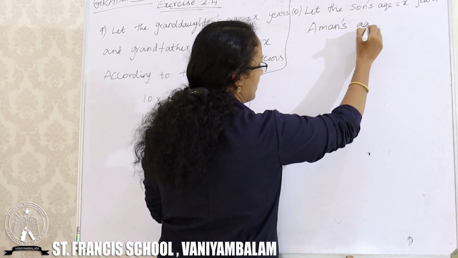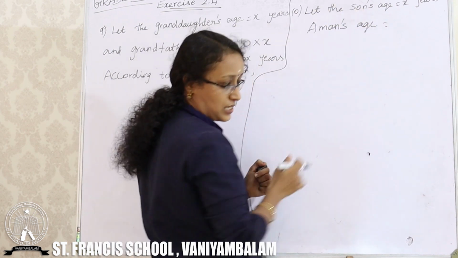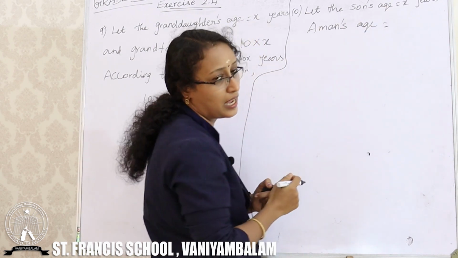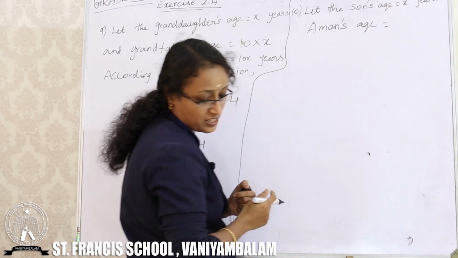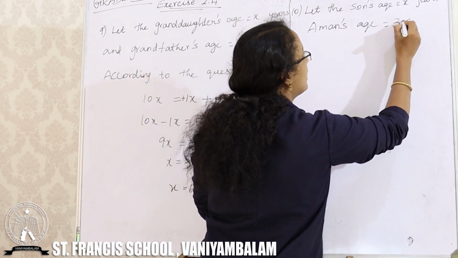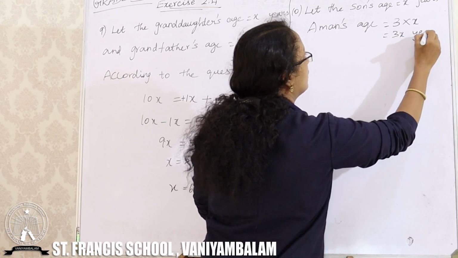Aman is the father of x. So Aman's age is 3 times the son's age, that is 3 into x, that is 3x years.